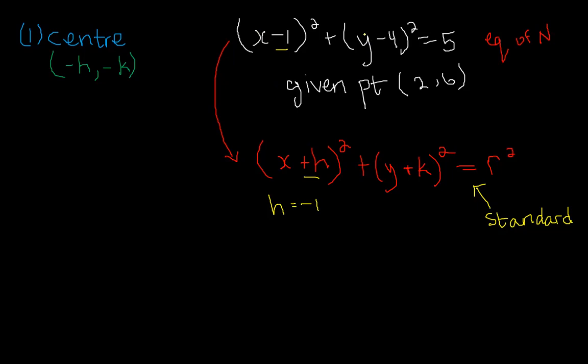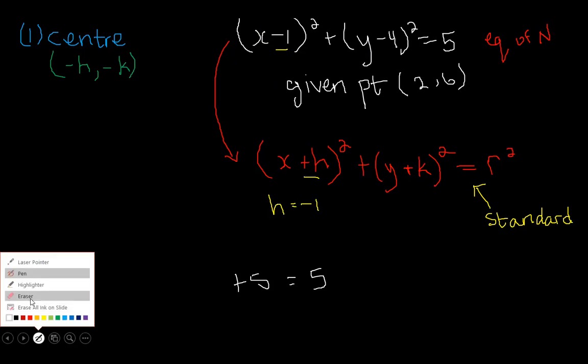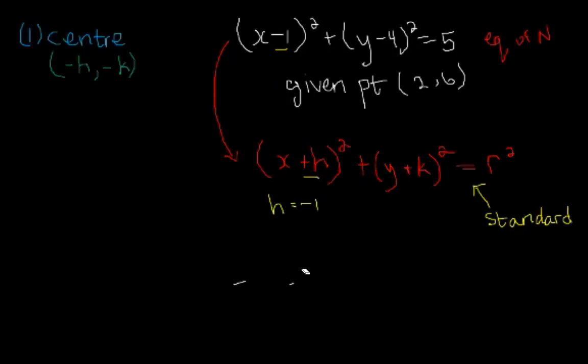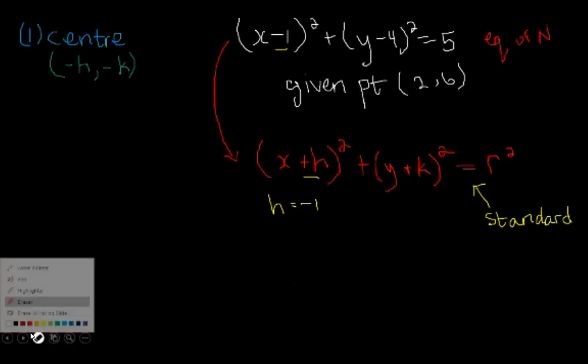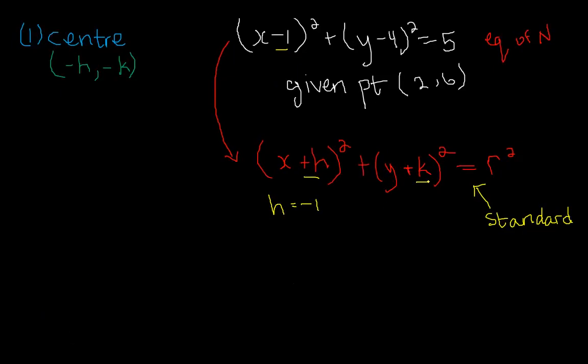Same thing here. We see the y, we see the y. So that means that plus k, which is also k, because if I said plus 5, we know that I'm just talking about 5, right? So k would be equal to minus 4.